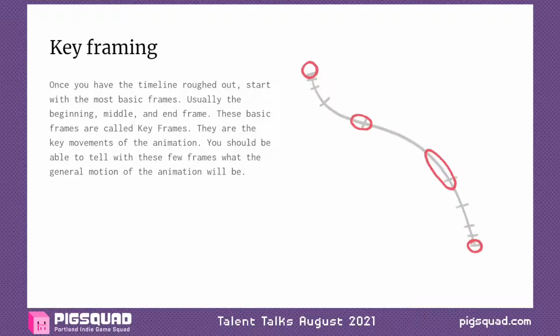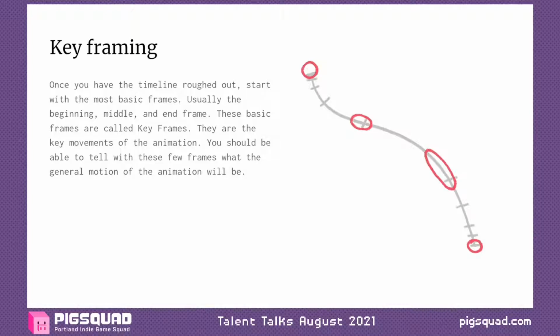And then the next step is called keyframing. Once you have your timeline roughed out, you start with the most basic frames, usually the beginning, middle, and end, or whenever a character's pose really changes or some important motion happens. These basics are called keyframes. They are the key movements of the animation.